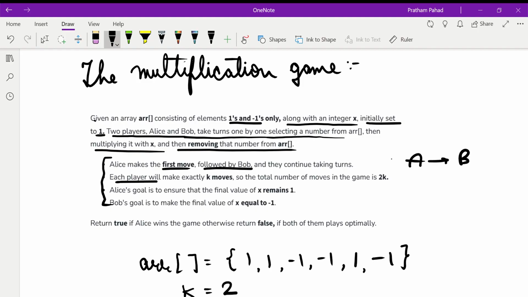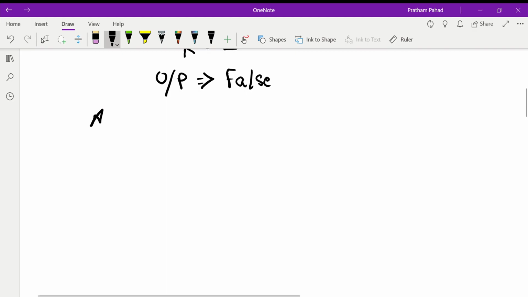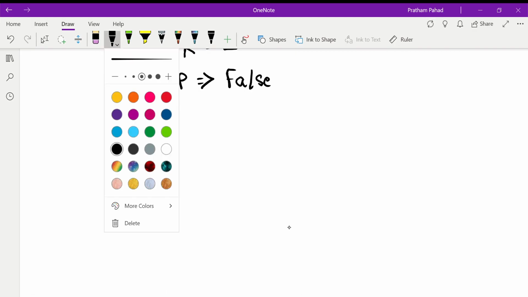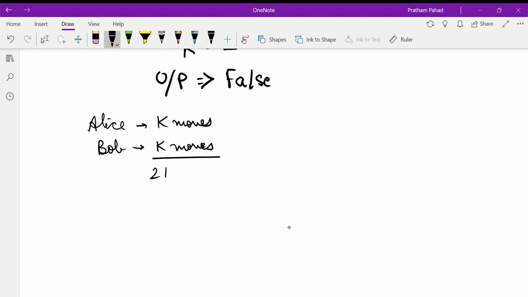Each player will make exactly k moves, so that the total number of moves in the game is 2k. Alice will have k moves, Bob will have k moves, and we want both players to take exactly k moves. So total moves will be 2k.